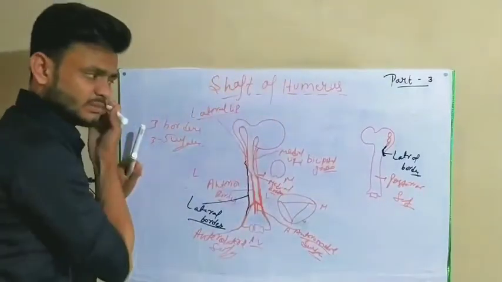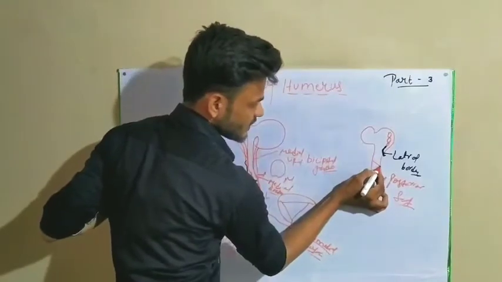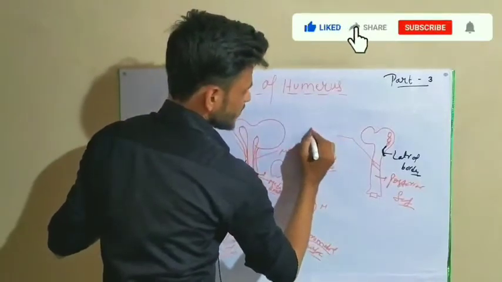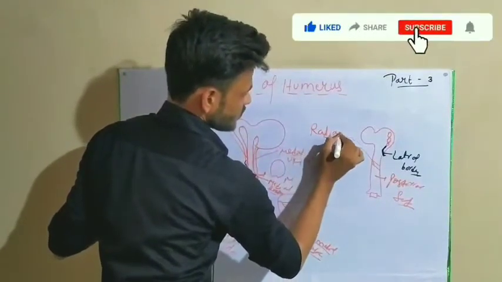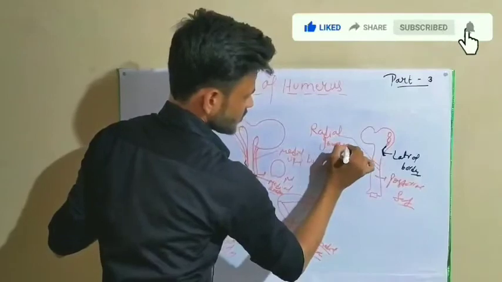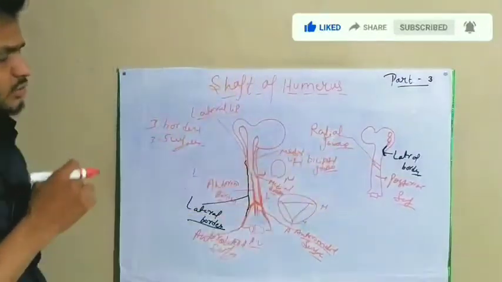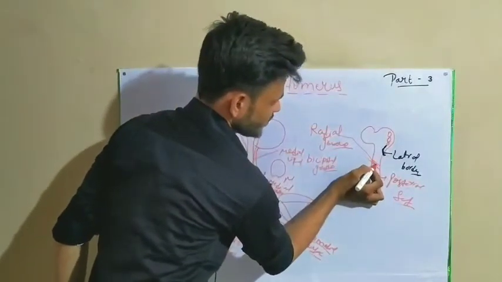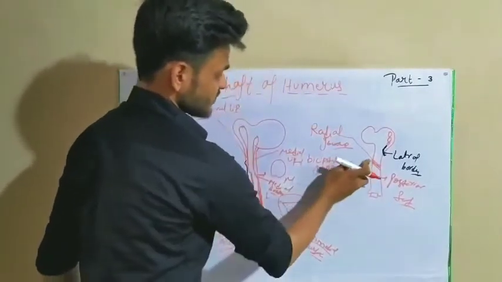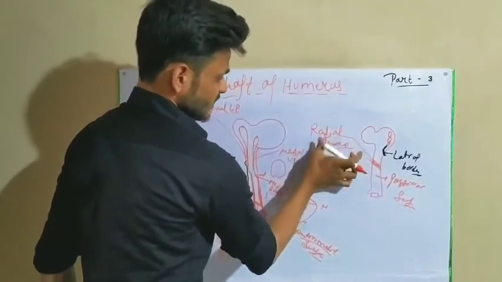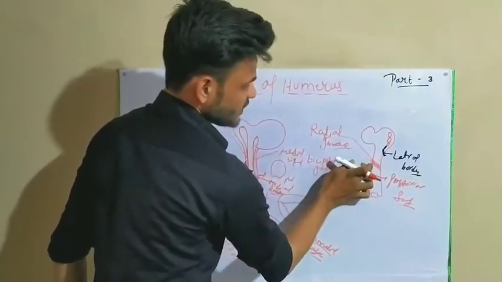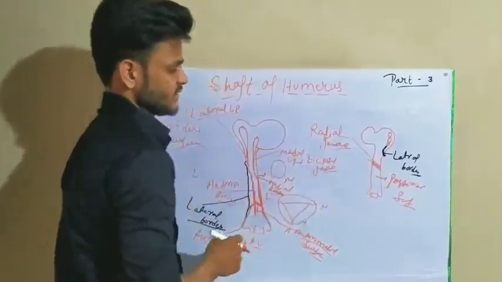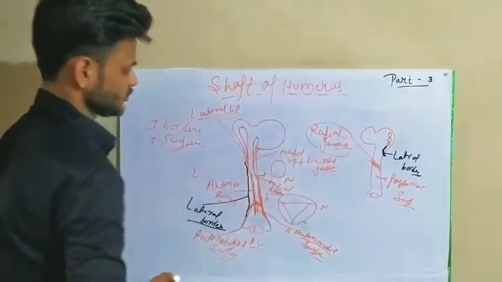On the middle half of the posterior surface, there is a groove. This groove is called the radial groove. Why is it called the radial groove? Because the radial nerve passes through this groove. The groove is named on the basis of the nerve passing through it.